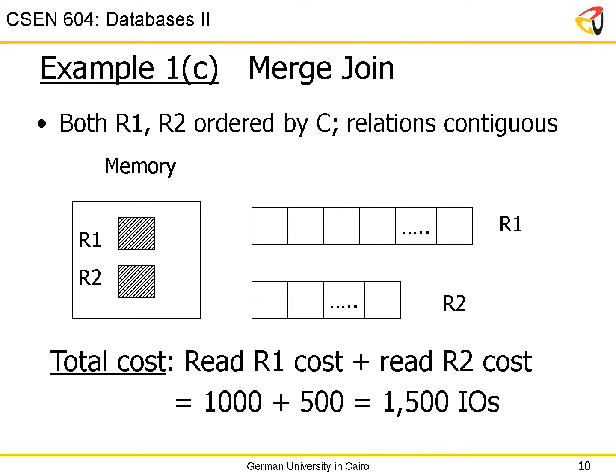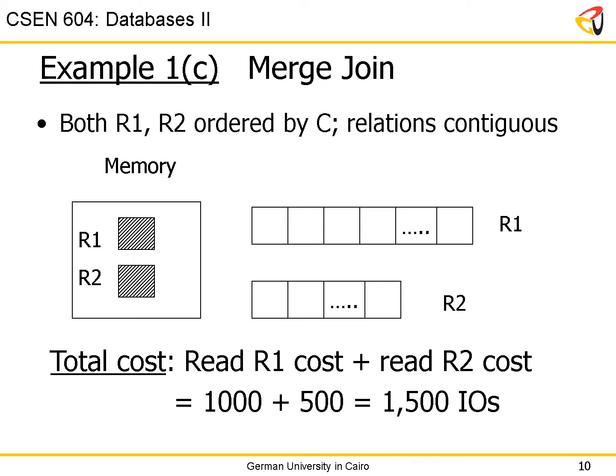If you remember from our last lecture, R1 had 10,000 rows, stored 10 rows per page, so we had 1,000 pages, and we pay 1,000 IOs. And R2 had 5,000 rows, again 10 rows per page, so we pay 500 IOs to read all of R2.